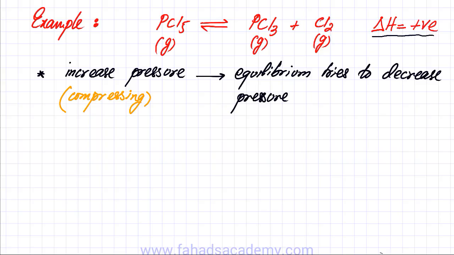There would be lesser volume. So equilibrium tries to decrease pressure, or we can say that since there is lesser volume, the side which occupies a lesser volume would be favored.